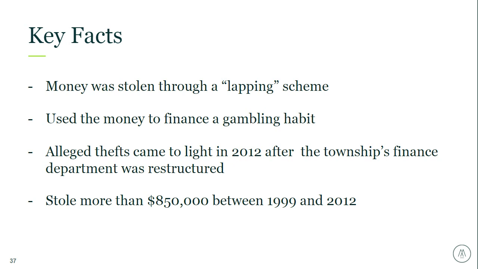The scheme would continue until they were about ready to send out the quarterly billing. And at that point, Tonkin would then have to pull invoices because they would obviously indicate a resident had not made a payment because the account had not been credited, which wasn't the case. So the theft actually only came to light after a restructuring was done within the finance department.